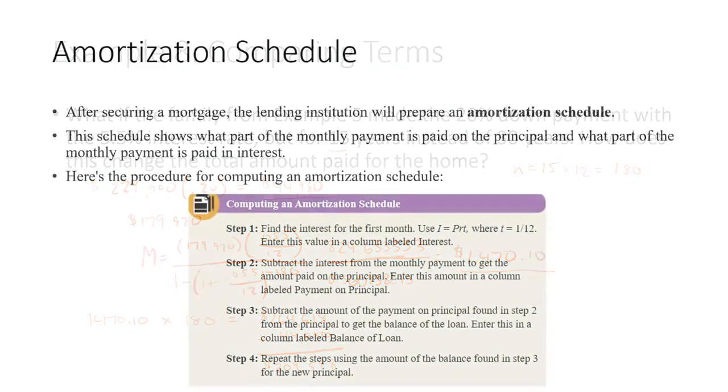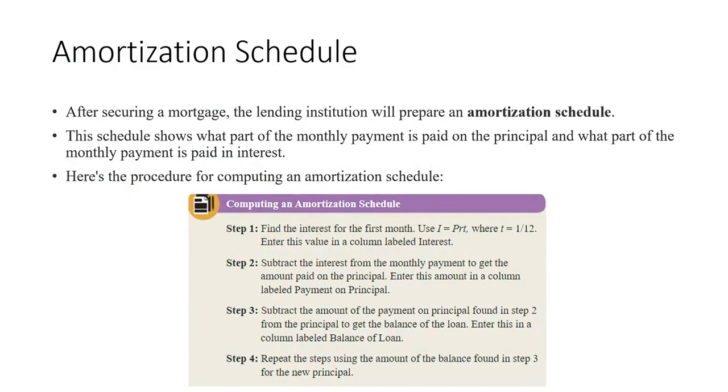After you secure a mortgage or even a loan from some places, the lending institution will prepare what's called an amortization schedule. The schedule shows what part of the monthly payment is interest and what's principal, and you can calculate it for each month. To compute that schedule, you're first going to find the interest for the first month using the simple interest formula, and you're going to let T be equal to 1 over 12. 1 over 12 just implying 1 out of 12 months of the year.